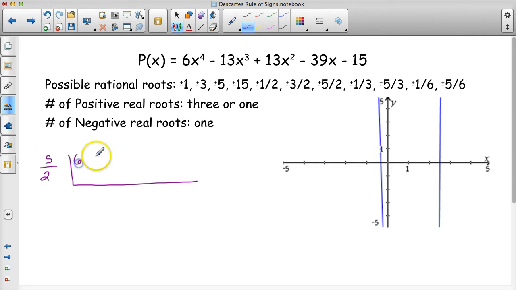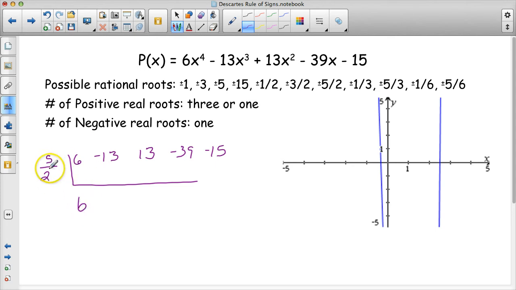So 6, -13, 13, -39, and -15. Remember that when we do synthetic division, we drop the leading coefficient, and then we multiply by the divisor.